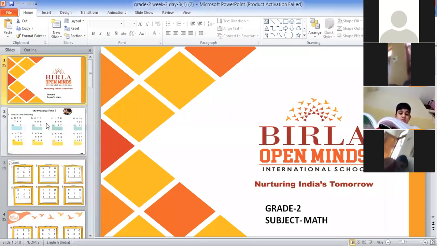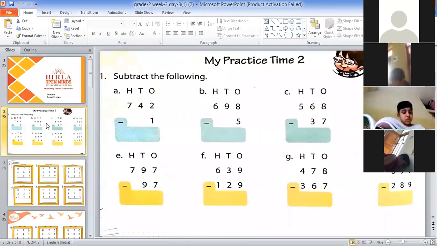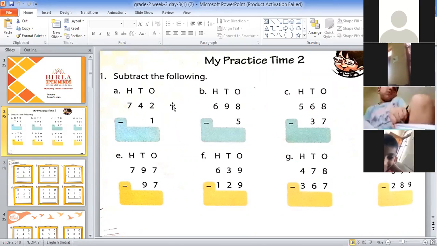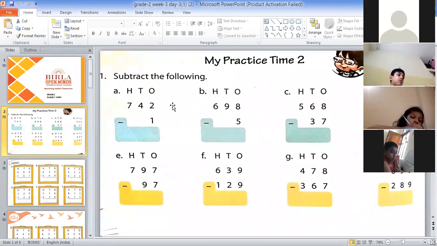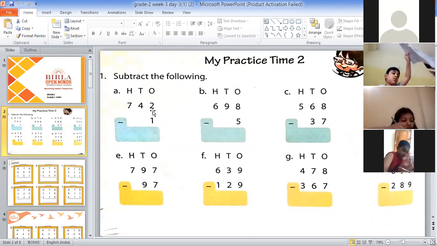Now I'll be sharing my screen with you all. I hope by now you all know what is a 3-digit number. 3-digit number means a number has 3 digits. You can see here your first bit number is 742.